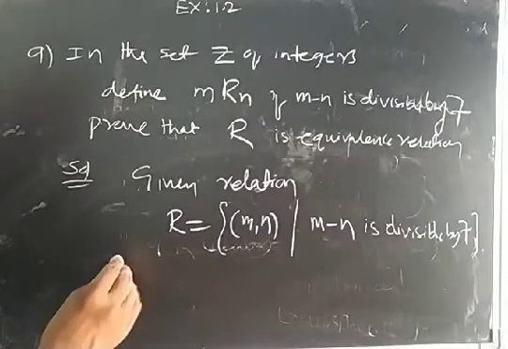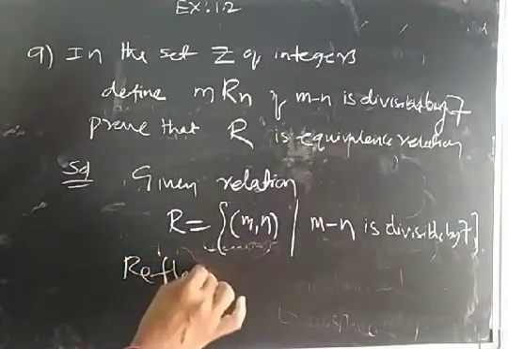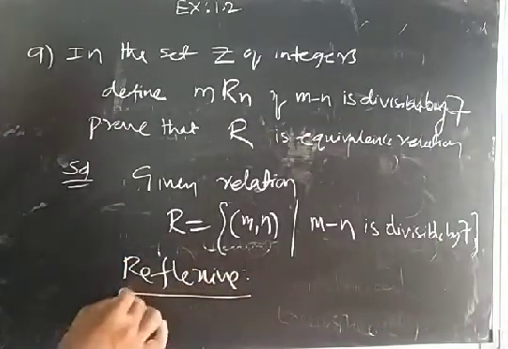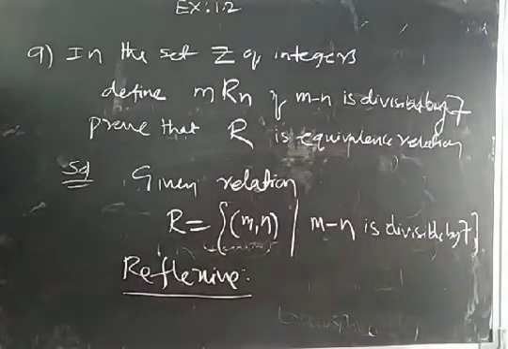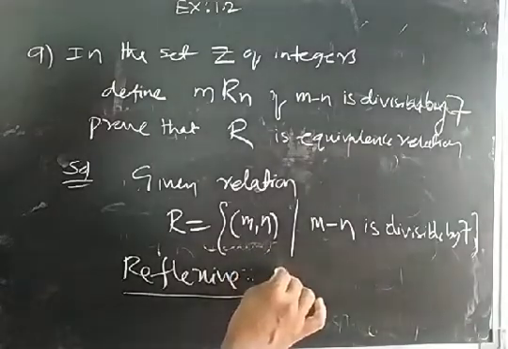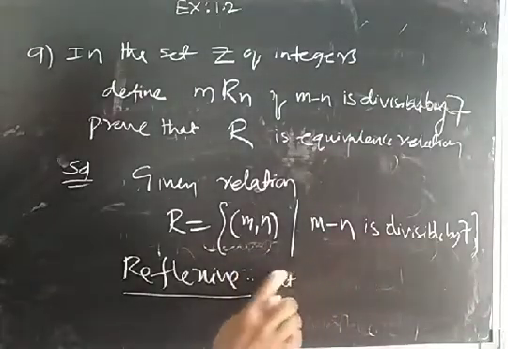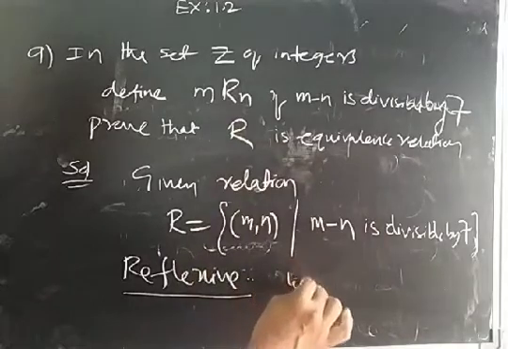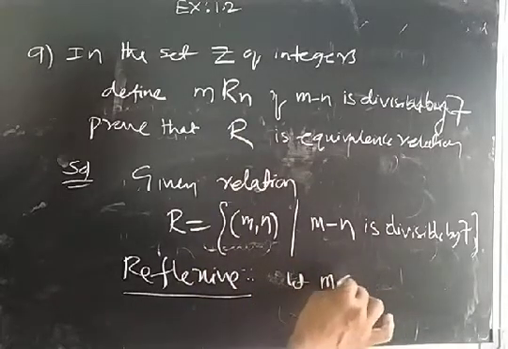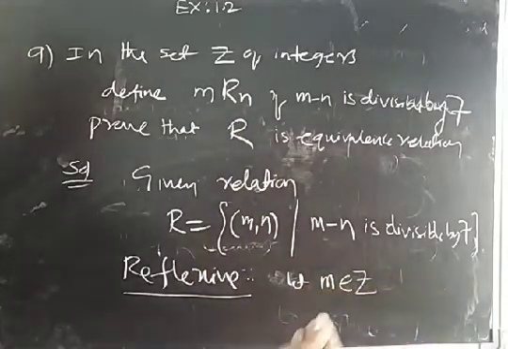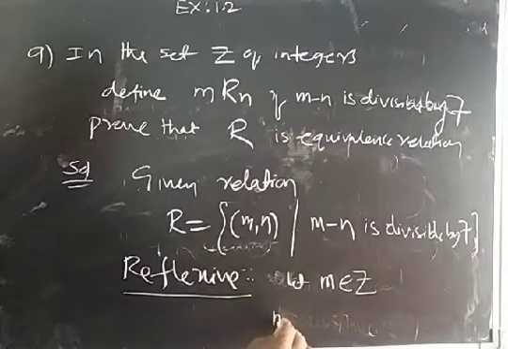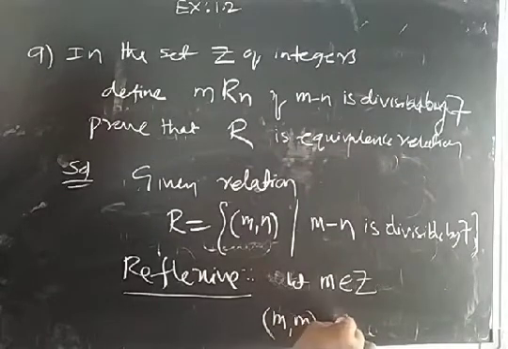Now I am going to check reflexive first. What is the reflexive condition? Here we should take the same element. So I am taking the same element. Let me take one element from Z, let it be m, some m belongs to Z. Now I am constructing a new ordered pair (m, m). Does it belong to R?